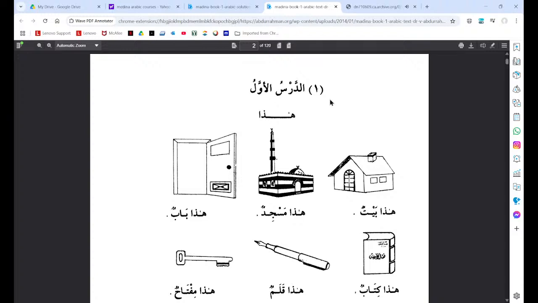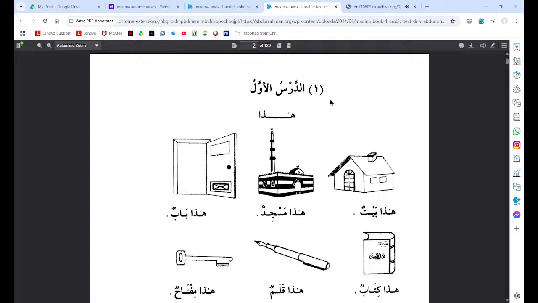Fi'l mudari does not exactly mean present tense. Mudari means like changing, because the haraka can change on this. It's not in a set construction like the fi'l madi. Al mudari is different. So the present tense verbs would be yaktubu, he is writing, yakra'u, he is reading, yadhabu, he is going.